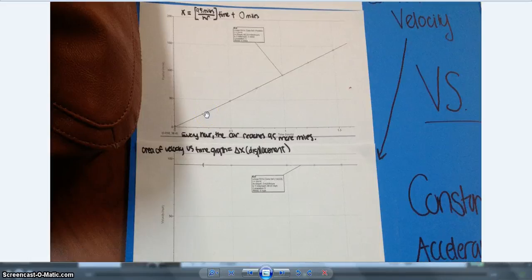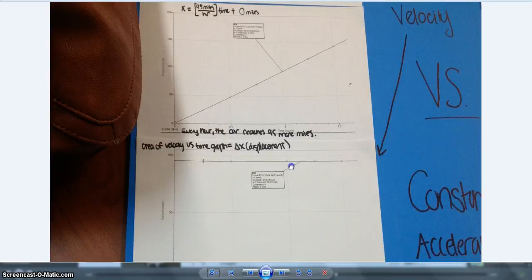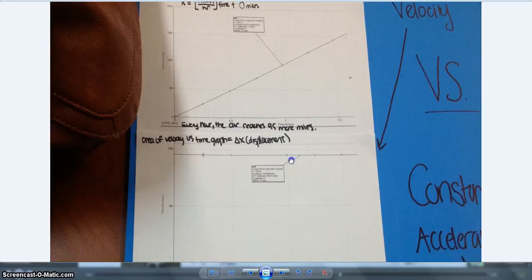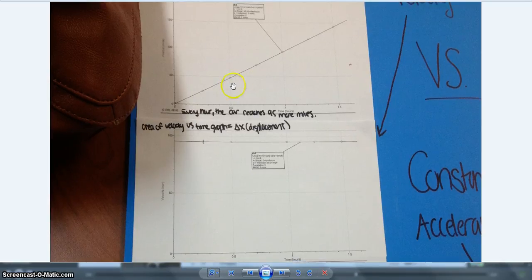At 1 hour it's at 95 miles, and then at 2 hours it's kind of cut off here, but it would be 190, somewhere there. And at half an hour it's pinpointed at about 49, because it's supposed to be half of 95.